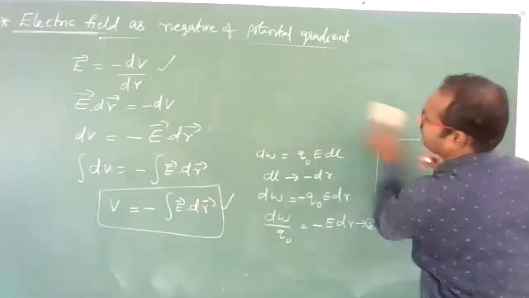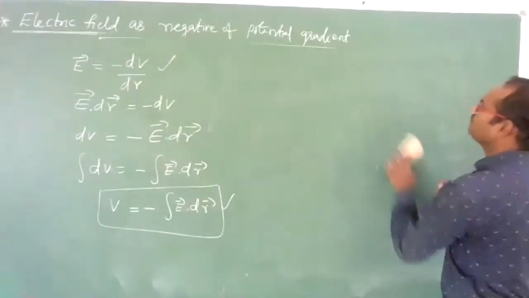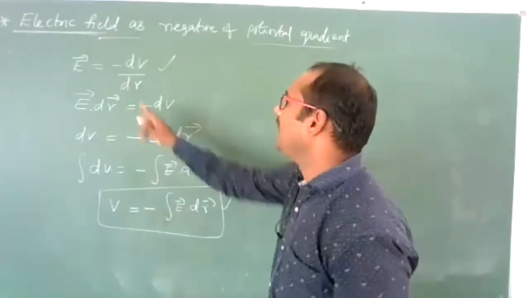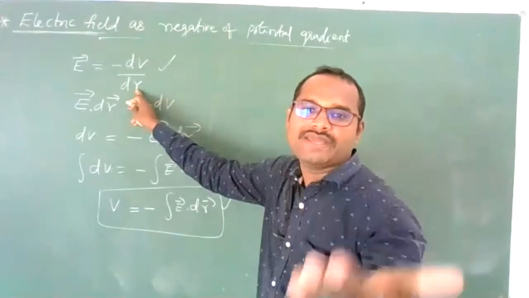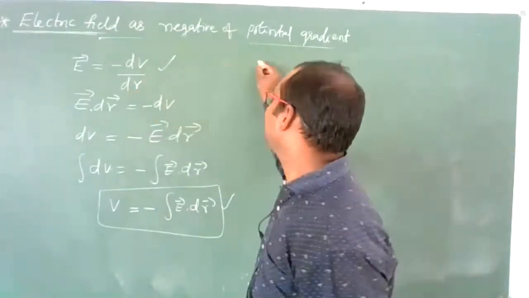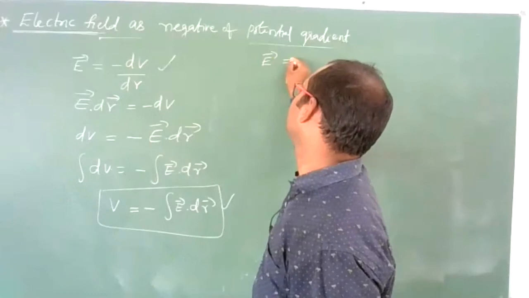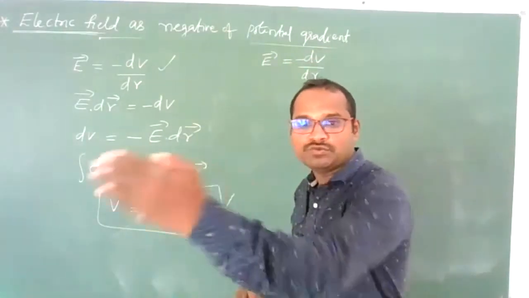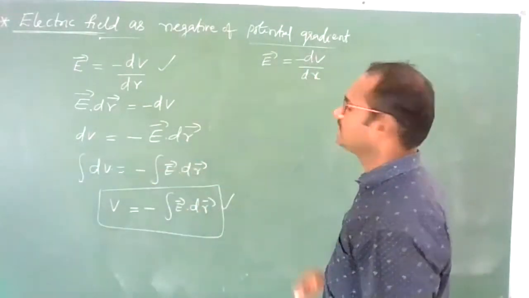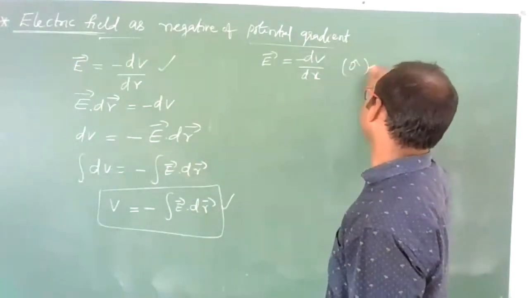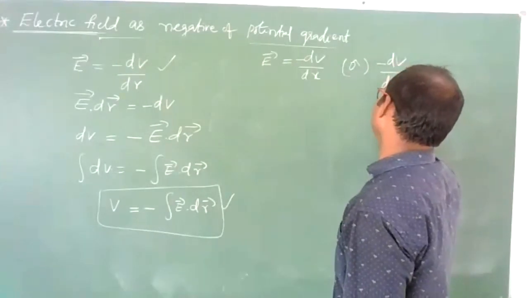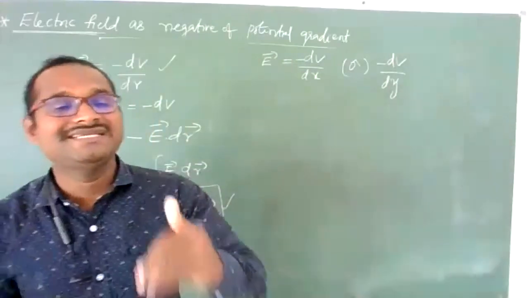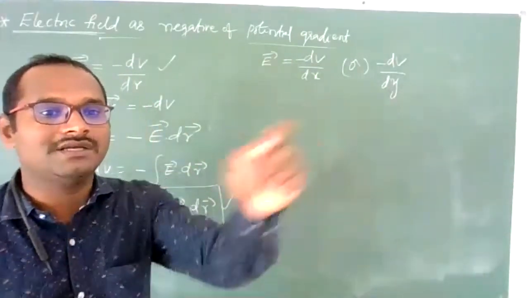One more point, students. If you consider only straight line motion, meaning only the x-axis, y-axis or z-axis, then r can be replaced by x, y or z. Electric field can be written as minus dV by dx if a charge is moving along the x-axis, or minus dV by dy if a charge is moving only along the y-axis. dV by dz you can also write if a charge is moving only along the z-axis.